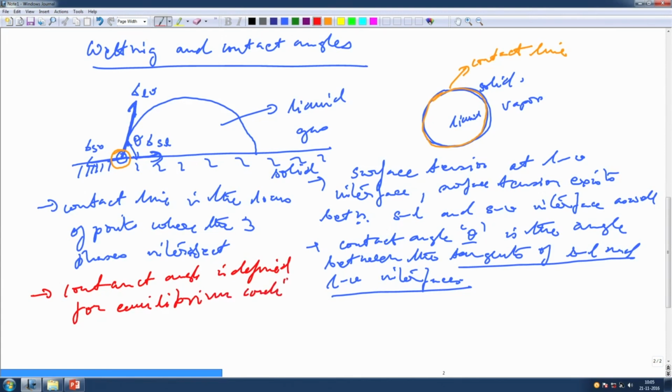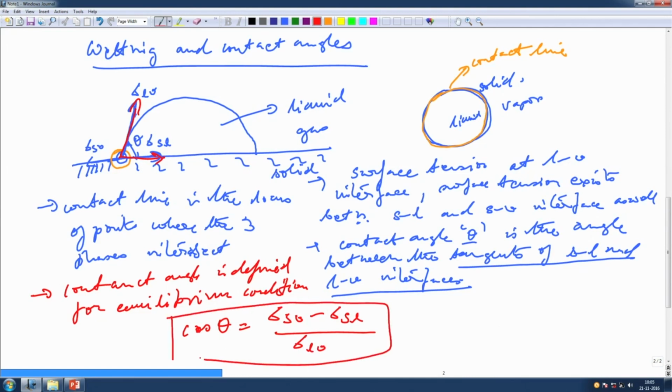The equilibrium condition means that the droplet is at a static condition, it is not moving, and that relationship is given by cos theta, where theta is the angle made by the tangents, equals sigma SV minus sigma SL divided by sigma LV. This is basically called the Young's equation.